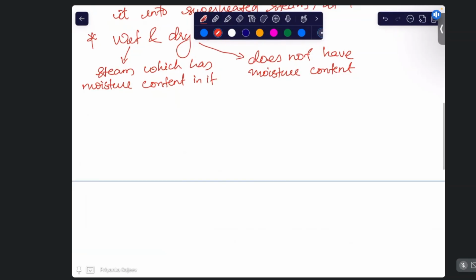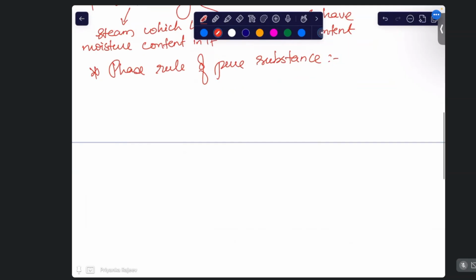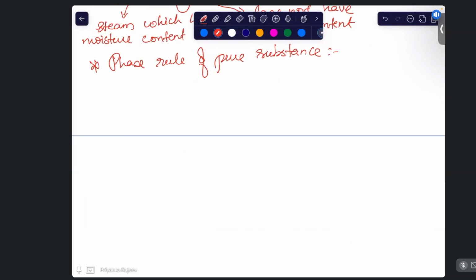Now, phase rule of pure substance. The number of independent variables associated with a multi-component, multi-phase system is given by the phase rule. It's also called Gibbs phase rule.